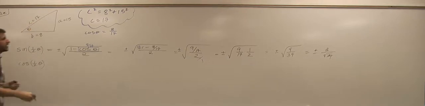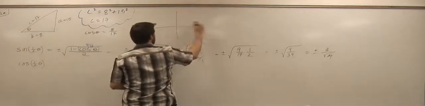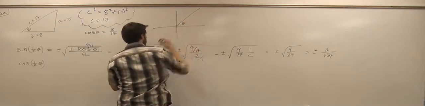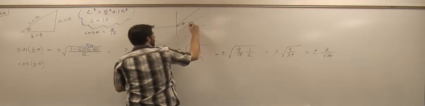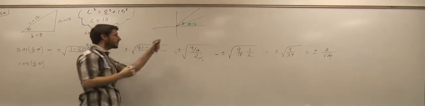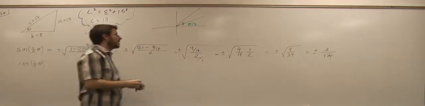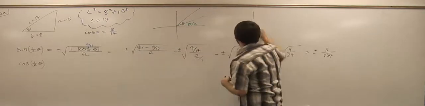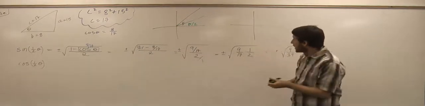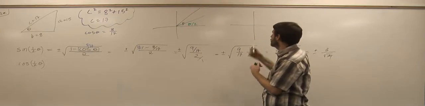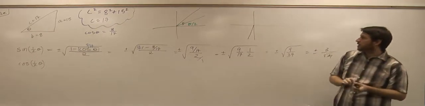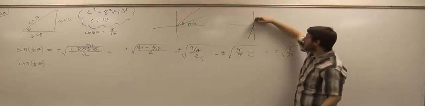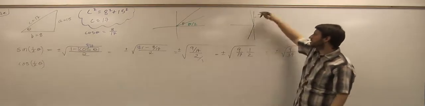So basically we have theta. And so if you cut that in half, theta over 2 would still be in the first quadrant. Now you have to be careful because, we'll do this next time, but if theta is in the third quadrant, say, way over here, then when you cut that in half, you're going to end up somewhere up here, and your signs are going to change.